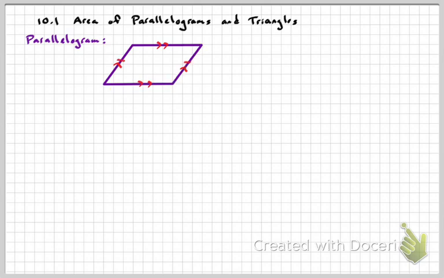Instead, our height is that perpendicular green length from base to base. The important thing to remember is that with a parallelogram, base times height is our area, but the height is the perpendicular distance from base to base.